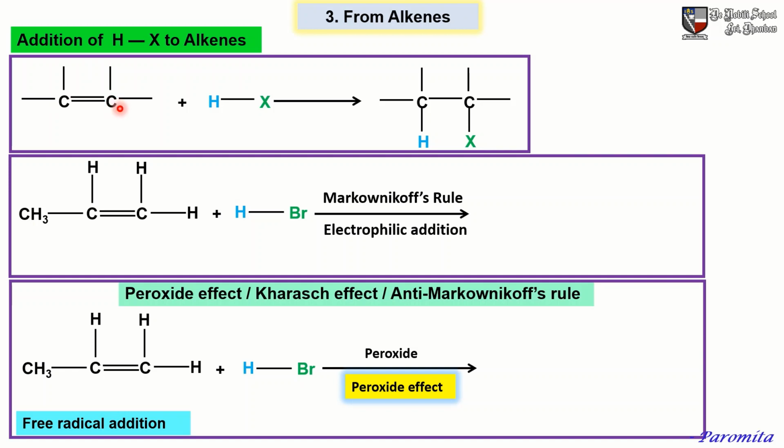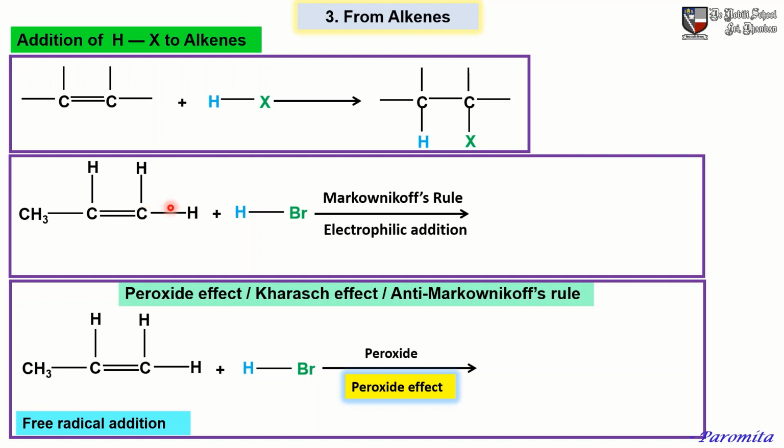So ethylene is an example of a symmetrical alkene. Now this is propene. This carbon contains H and CH3 and the adjacent carbon contains H and H. So the environment of this carbon and this carbon is different. So propene is an unsymmetrical alkene.